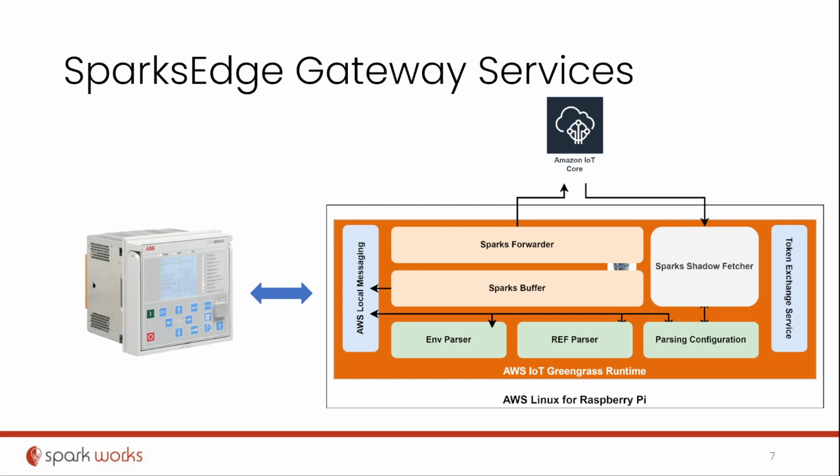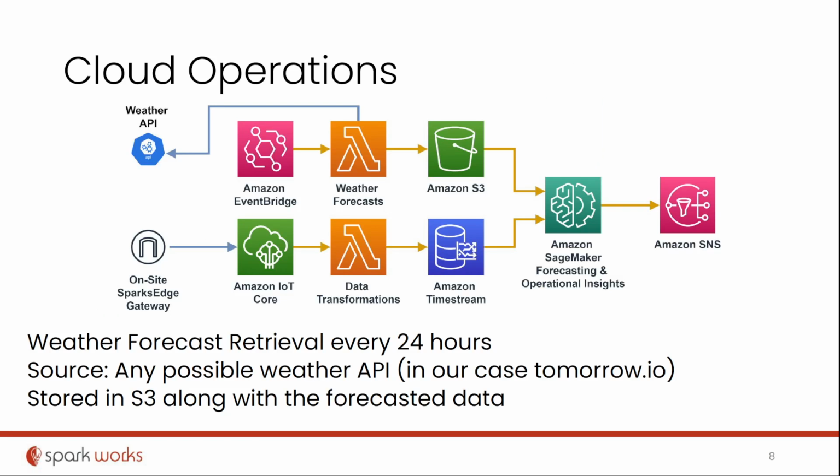So the Spark Edge gateway acts as a proxy to the local site sensors and continuously polls them, as we said, keeps the data locally so we can have our data safe in case of an outage, and then forwards them to the cloud via the Amazon IoT Core.